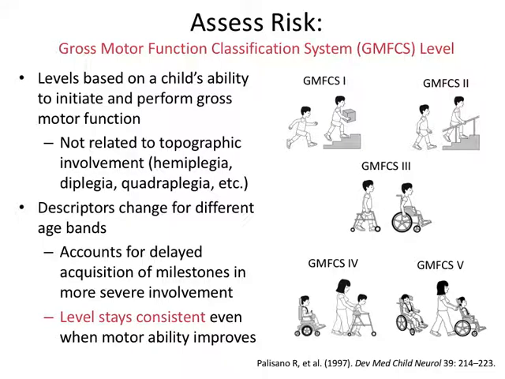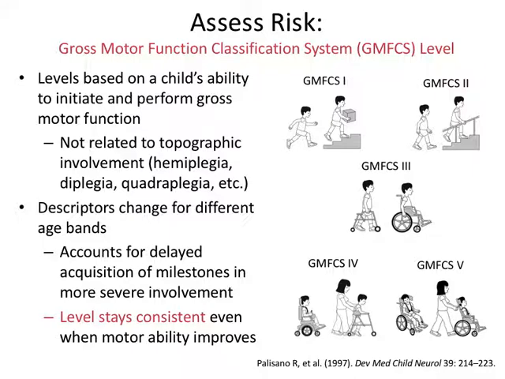That was a real innovation in understanding and describing CP, because up until then we were stuck with topographic descriptions. A child who was quadriplegic may actually be ambulatory, but just has all 4 limbs involved. That didn't describe the level to which their motor development was delayed or was different.